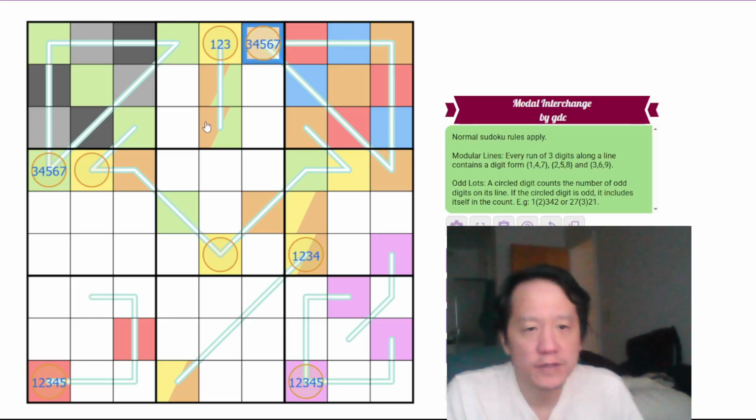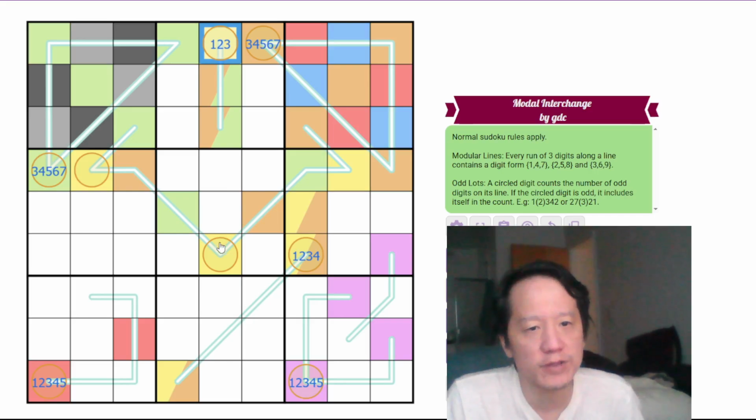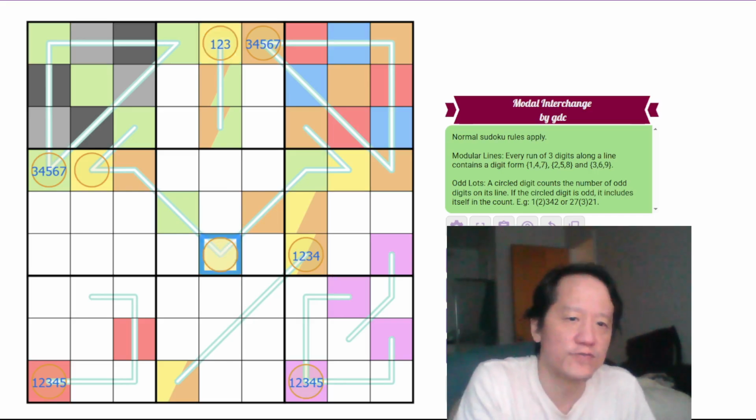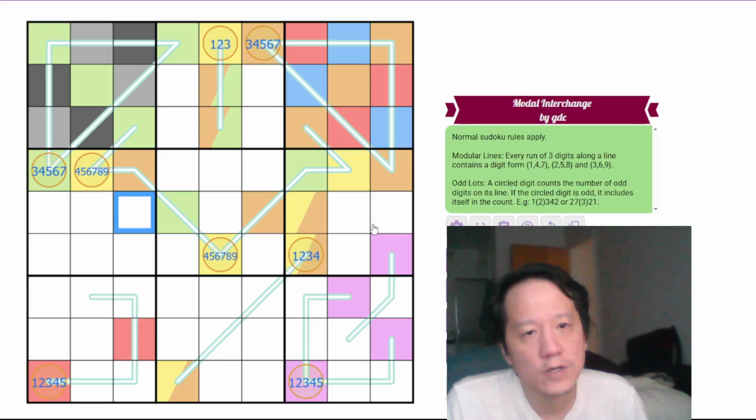Oh, interesting. This can never be 1, 2, or 3, right? It's the same set as this, but it also sees that, so it can't be the 1, 2, or 3 from that. So this is 4 through 9 here. These, again, are different sets, so they have to be different numbers.